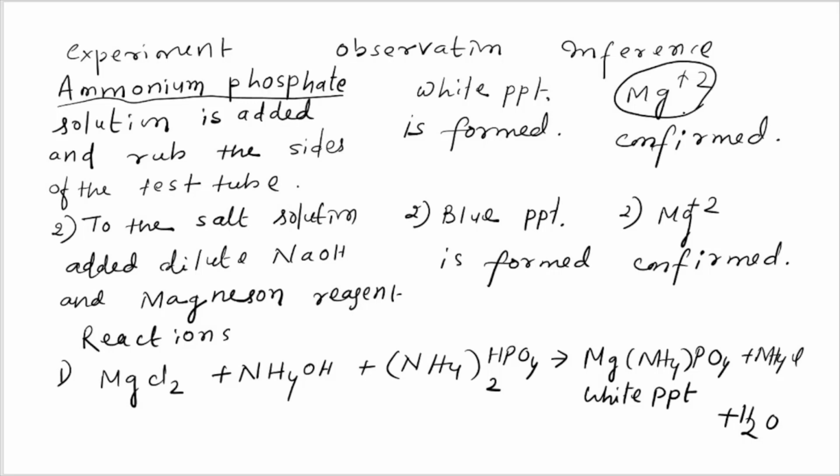For the second test, to the salt solution add NaOH and magnesium reagent. The formula is very complex, so only remember magnesium reagent. If sodium hydroxide is added, then magnesium reagent, a blue precipitate is formed. This is a very important test for magnesium, because in entrance examinations students may be confused, and some may ask about magnesia reagent or something like magnesium reagent.